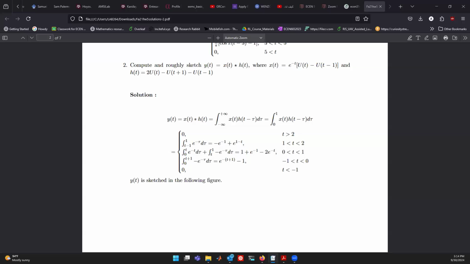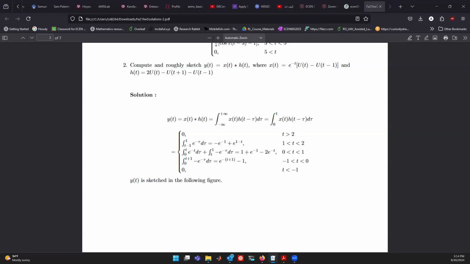And then the third interval is when t is between 0 and 1. So t is larger than 0, less than 1. In this case, as we have seen, we will have two parts. One of them overlapping here with the positive side, and the other one overlapping here with the negative side.